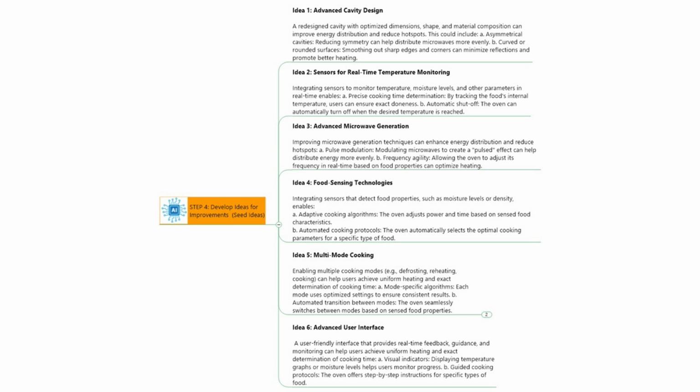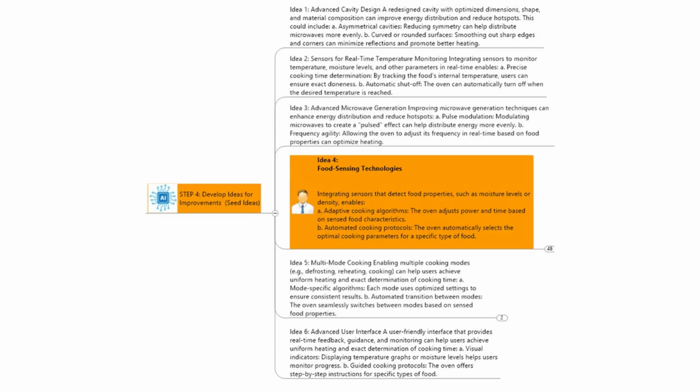At this stage of the process, we get together again. We as consultants, patent attorneys, and the client, and we discuss which option we select, which is the most promising way. In this case, we have selected food sensing technologies, so addressing the problem by improving food sensing technologies.